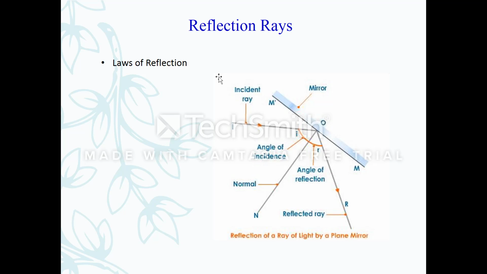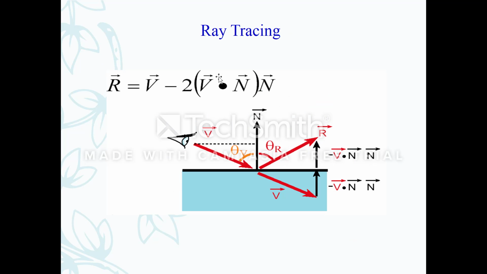So as you can see here, I is the incident ray and R is the reflected ray, and the angle between the normal and the incident ray is the angle of incidence, and the angle between the normal and the reflected ray is the angle of reflection, and I equals R. And here V is the view direction, the view vector, and R is the reflection vector. The reflection vector equals the v vector minus 2 into v dot n into n.